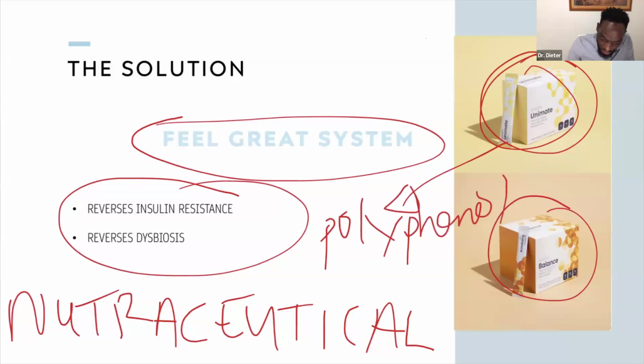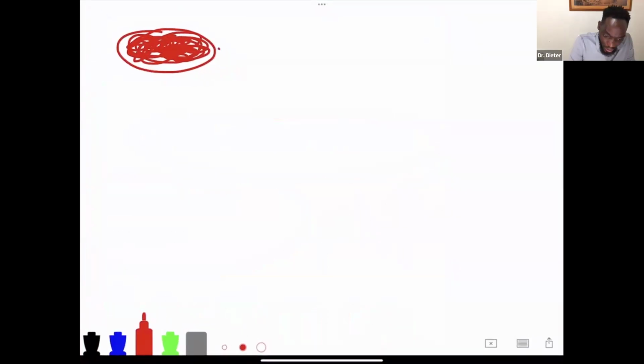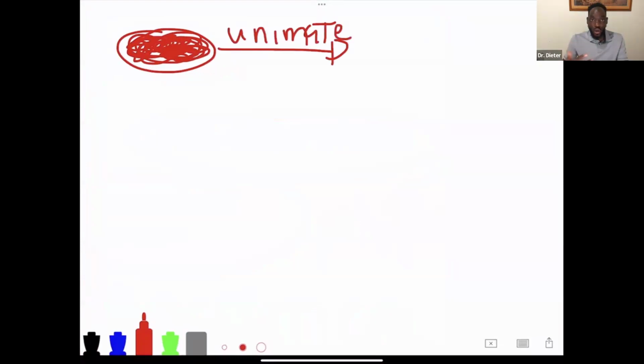That polyphenol causes you to burn fat. You now consume the Unimate. When you consume the Unimate, it goes to this cell and starts causing lipolysis, fat burning. This cell now transforms to looking like this.